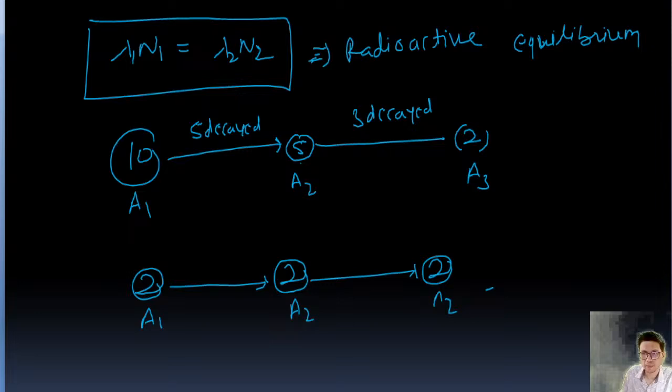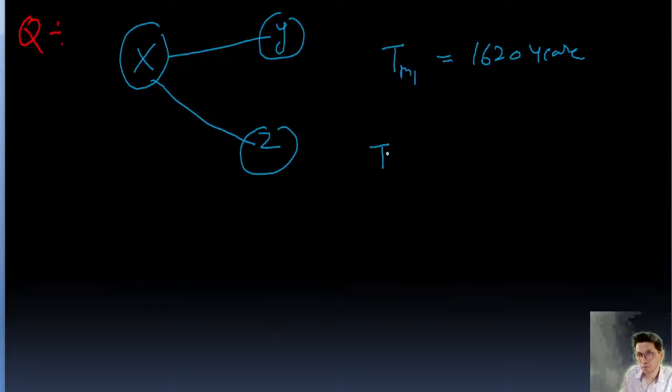We have X that is decayed into Y and Z, and we have been given Tm1, the mean life, that is 1620 years, and Tm2 is given, that is equal to 405 years.